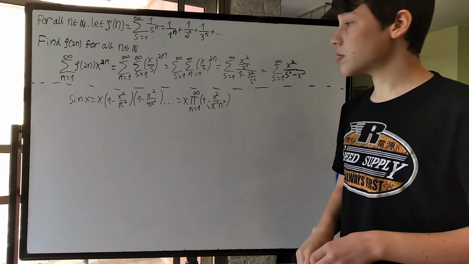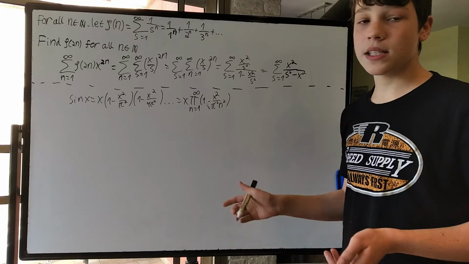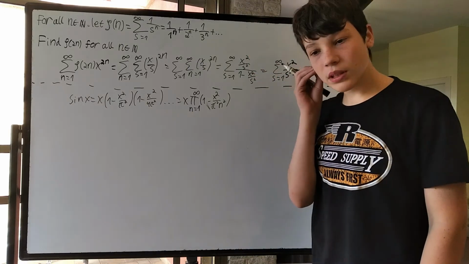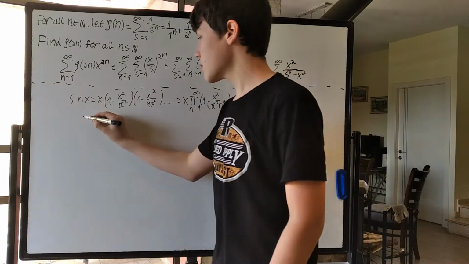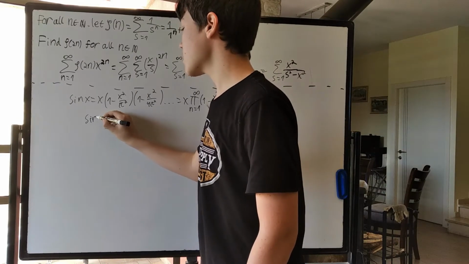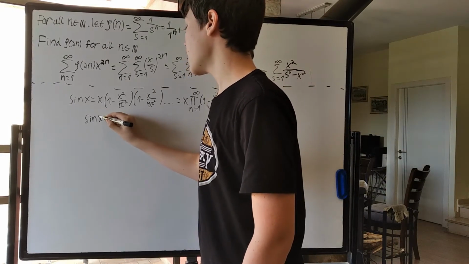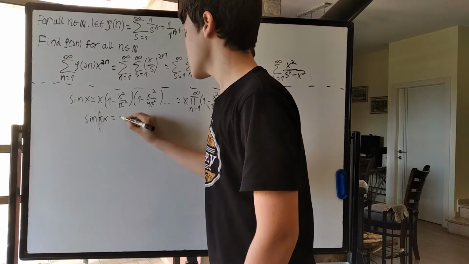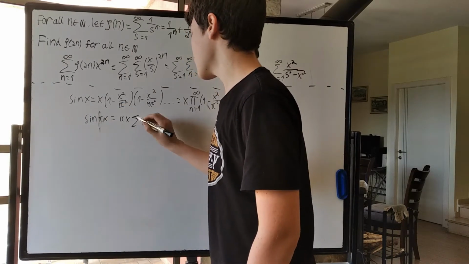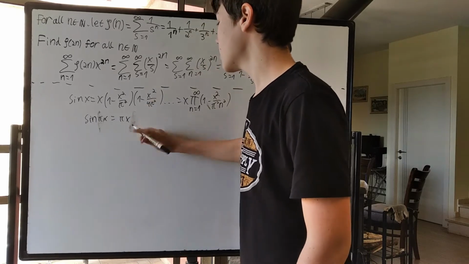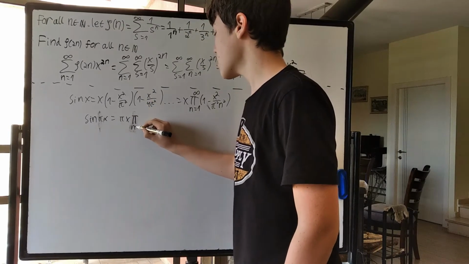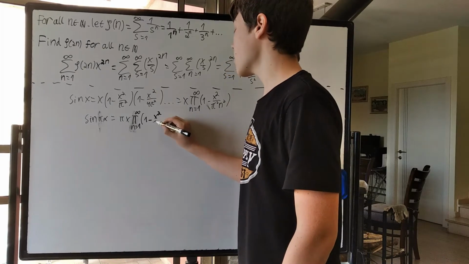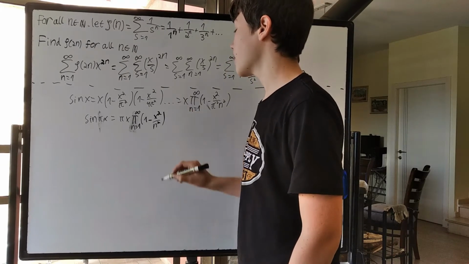So first thing I'm going to do is replace x with pi x, just to make things a bit simpler. So I have sine pi x is equal to pi x times the product as n goes from 1 to infinity of 1 minus x squared over n squared.